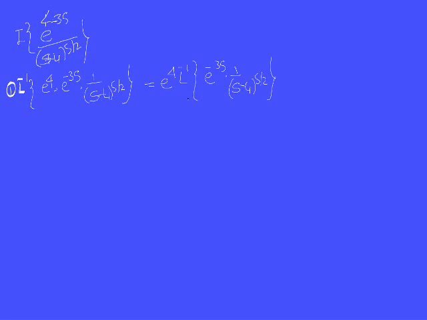So this is in the form of L inverse of e power minus a s into f bar of s, where f of t is equal to L inverse of f bar of s.